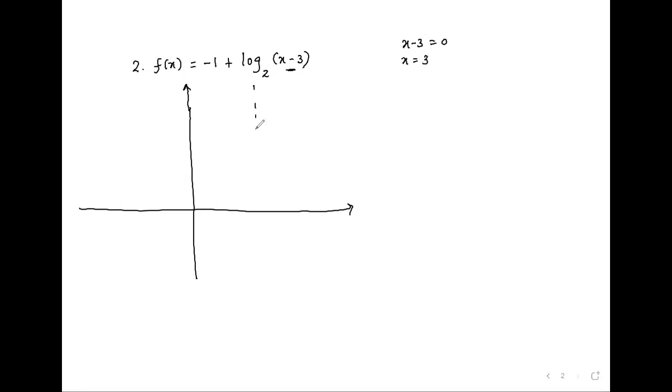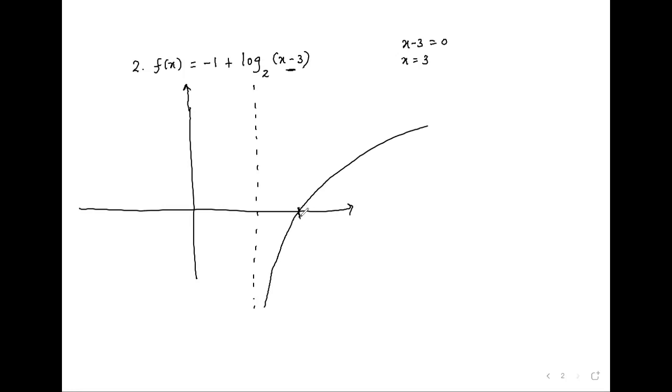This 3 is the asymptote. And then, since it's positive outside and inside, it's going to be a curve going inside. Like that. So all we need to know is this one.